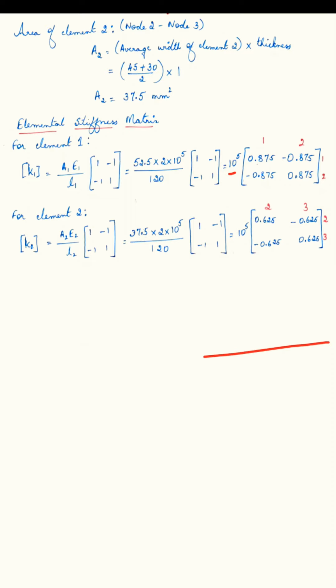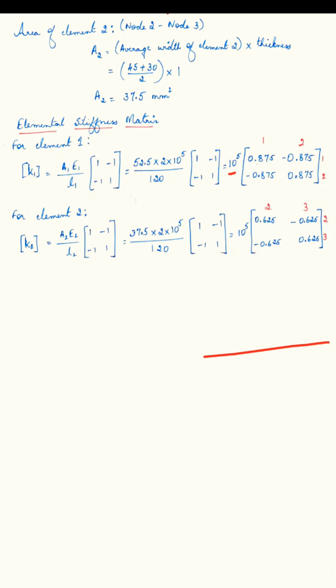Since it is one complete bar made of a single material, we don't have to change the value of E. So E remains 2 into 10 to the power of 5, divided by L2. Since node 2 is present exactly at the middle, the lengths of element 1 and 2 are the same.